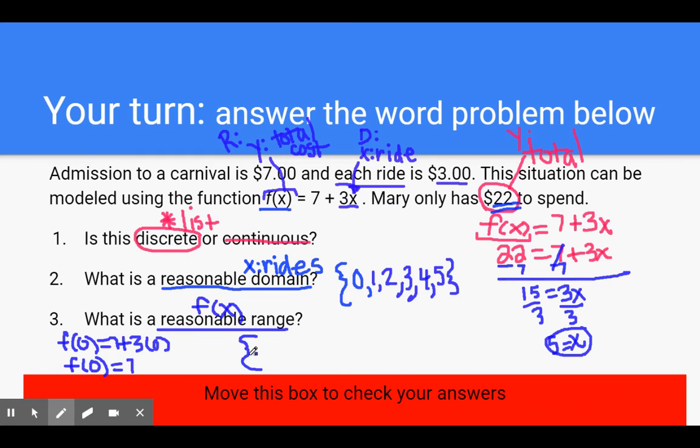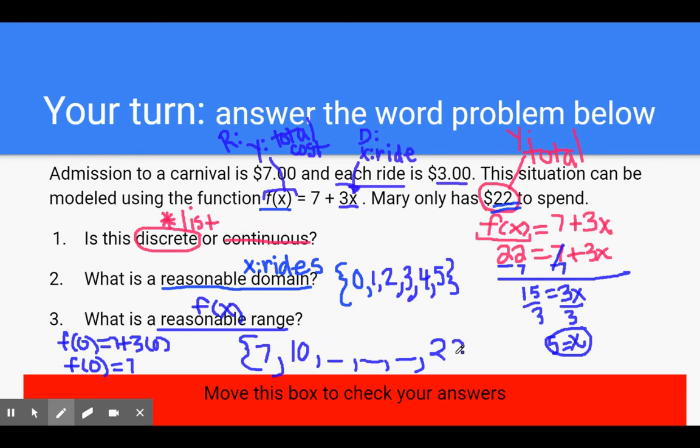So if I ride 0 rides, that's $7. If I ride 1 ride, well, I'm going to plug this in for x. 3 times 1 is 3, plus 7 is 10. And then you're going to continue on for 2, 3, 4, and if I plug in 5, well, that's my max. That's my max amount I can use.